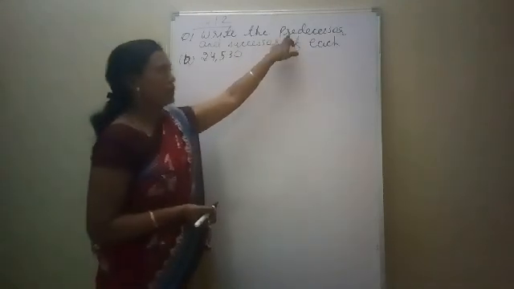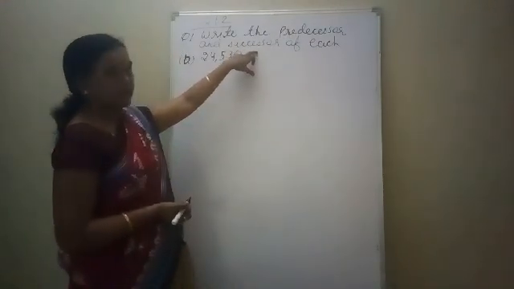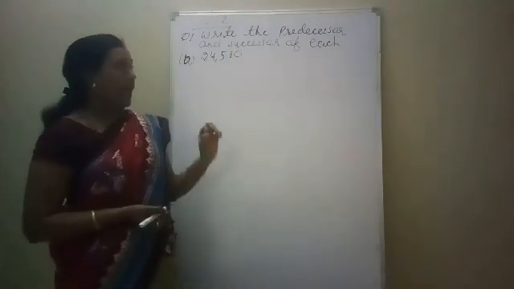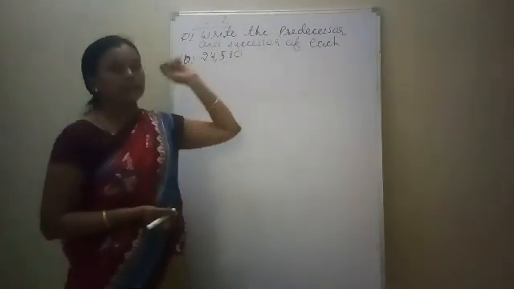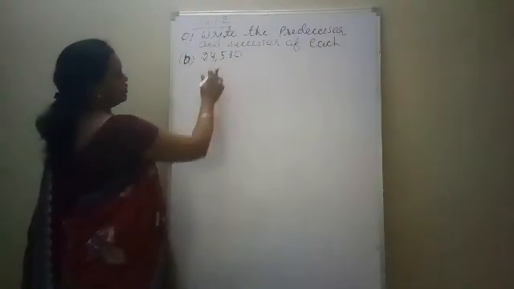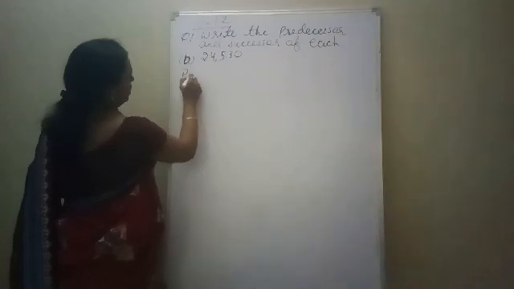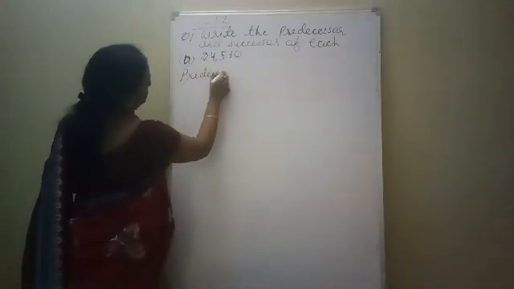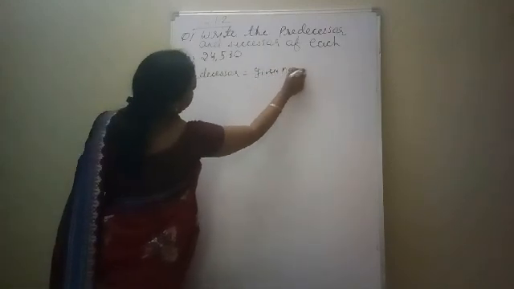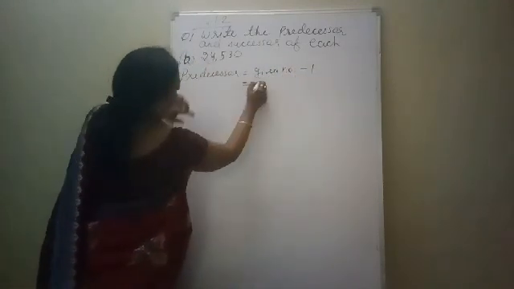Before we find the predecessor and successor, let me introduce them. Predecessor means you have to write down the previous number, and for finding the predecessor of any number we have to subtract 1 from the given number. So how can we find it? Predecessor means the given number minus 1. What is the given number?